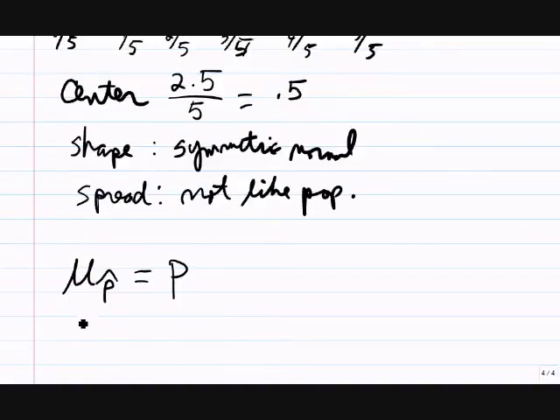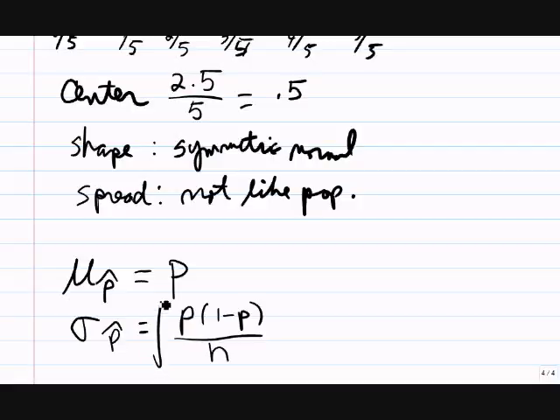Okay. The standard deviation of this sampling distribution is the proportion times its complement, or 1 minus the proportion, divided by your sample size, and then because it's a standard deviation, we take the square root of these.